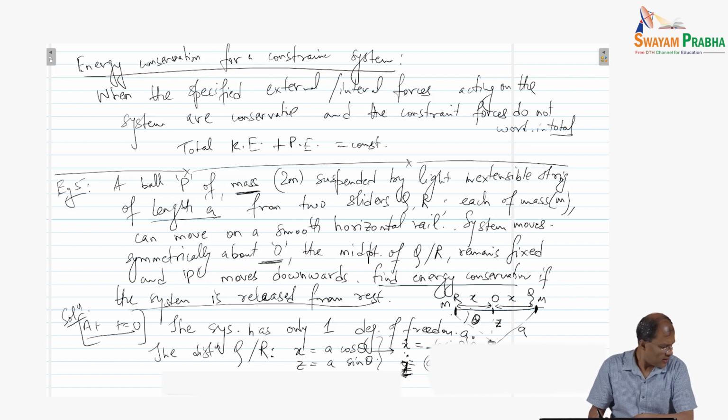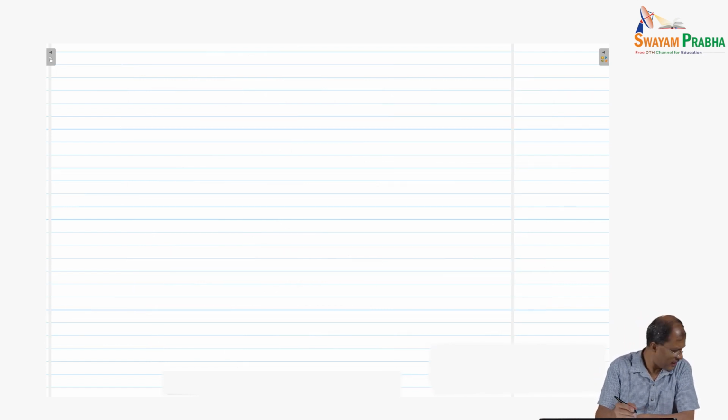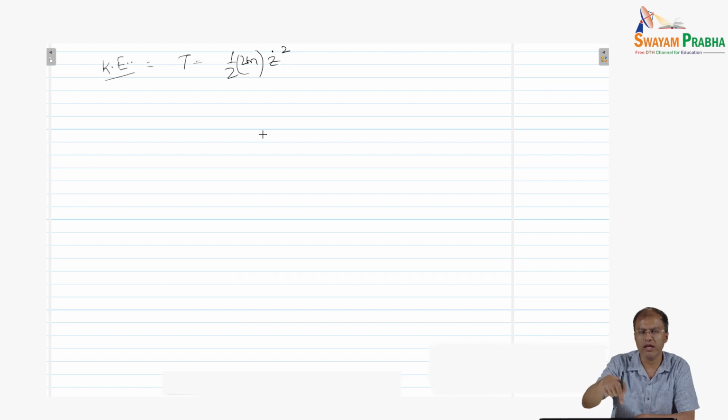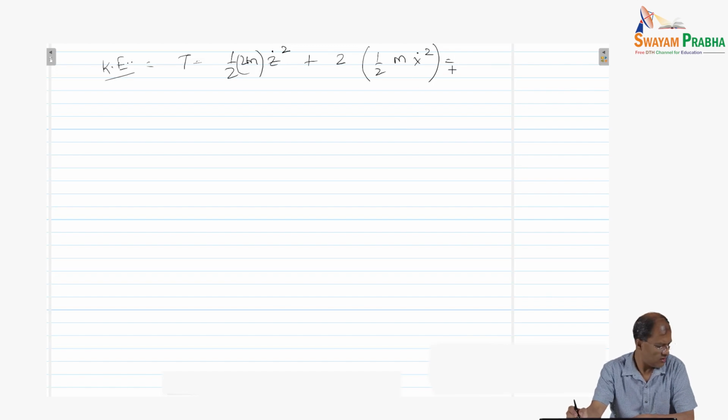Then from here I can write down the total energy. To begin with, the kinetic energy of the system is given by T is half times 2m times z dot square, because the mass 2m is going vertically down, plus 2 times half m x dot square.